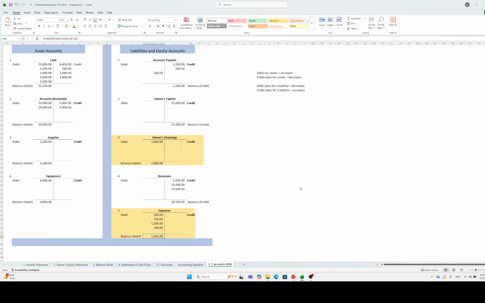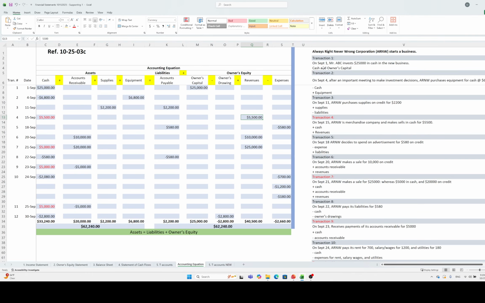So now I want to start the relationship between when we have the cash increase by $25,000 on the first transaction, where is that $25,000 on any of the other accounts? So let's see here. Let's read the case. It says ABC invests $25,000 in cash in the new business.